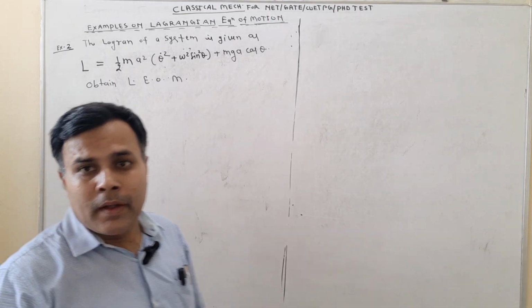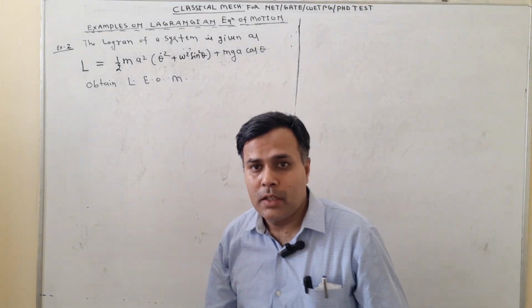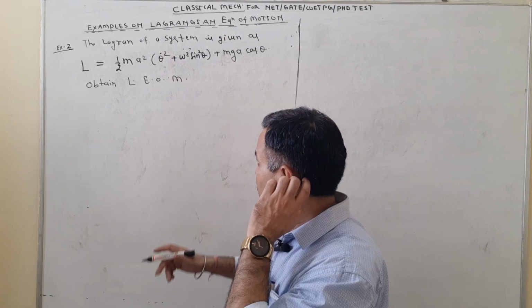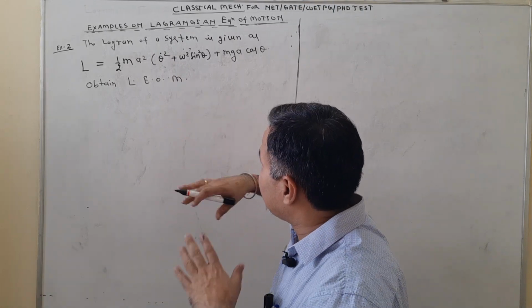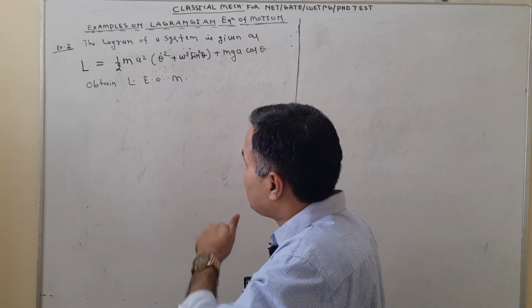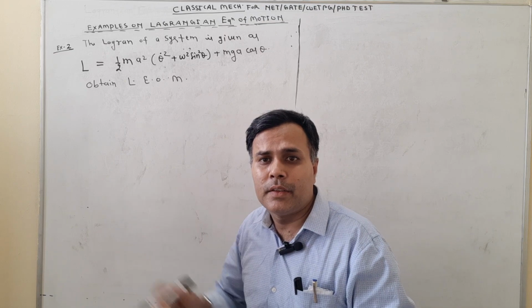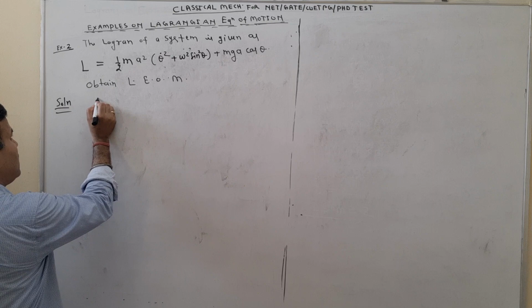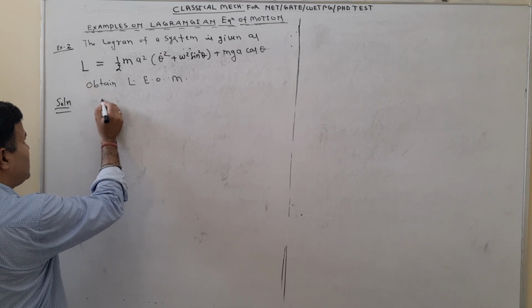So again, in order to set up a Lagrangian equation of motion, which is a second order differential equation, we have to recognize or identify the number of generalized coordinates present in our Lagrangian.